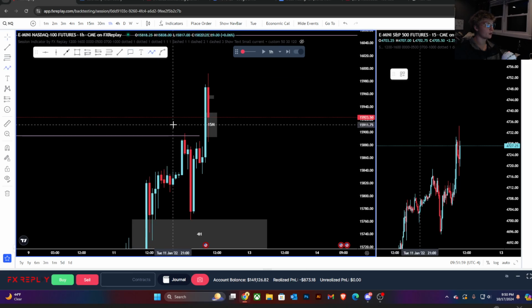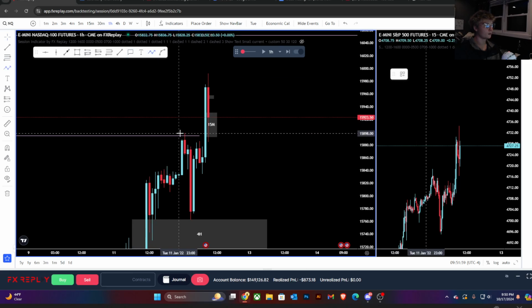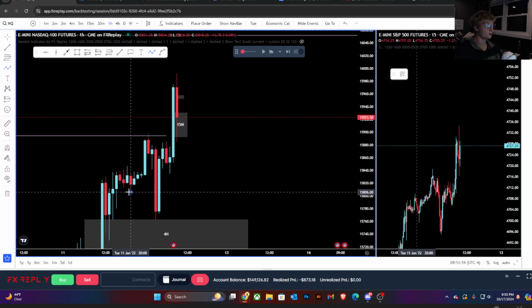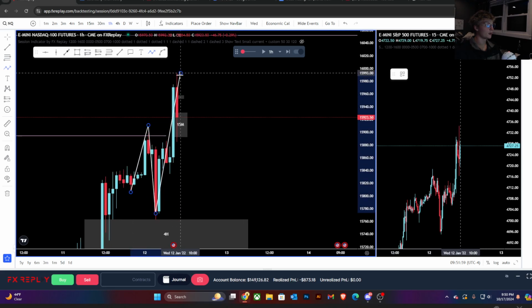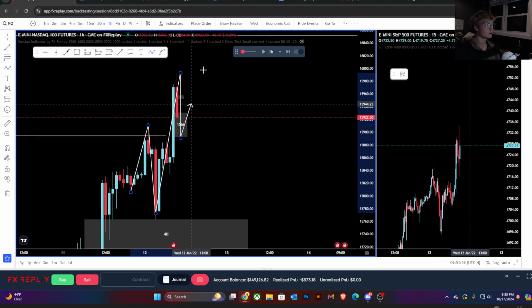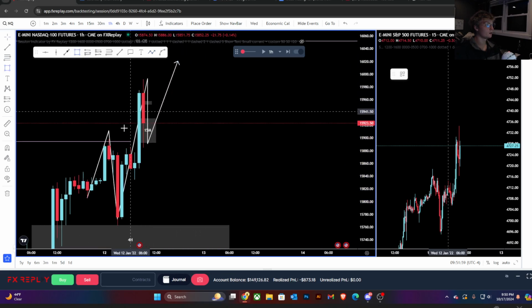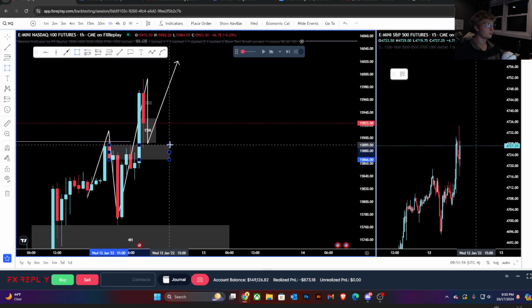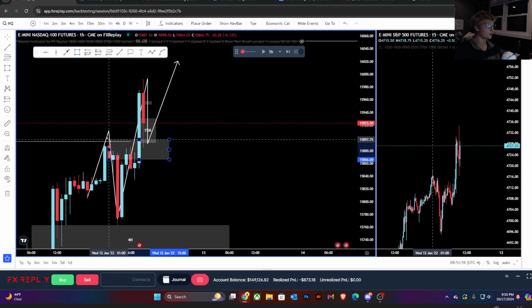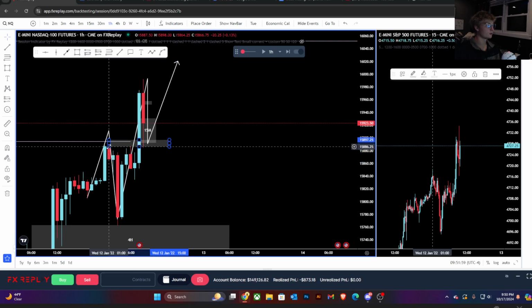This is a breaker. Low, high, lower low, higher high. Tapped into the breaker block. We'll mark it up like this since it's an hourly.